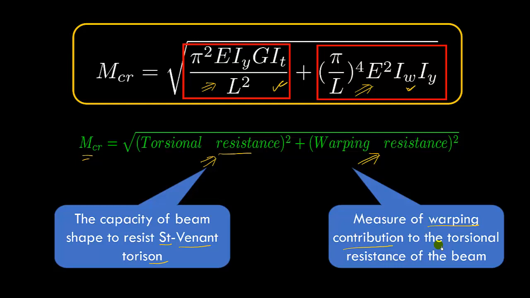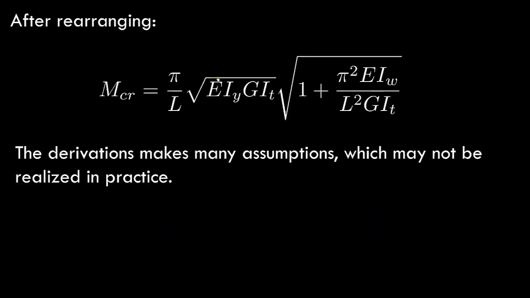So if I take pi square by L square outside of the root, and we can also take EIY and GIT outside of the root, so that the first term becomes 1, and then we can rewrite the expression for critical moment. So let's rewrite. So let's take pi square by L square EIY GIT outside of the root. So if I take this term outside of the root, we will have pi by L, and this will come outside as a root, and we will have 1 plus this term.